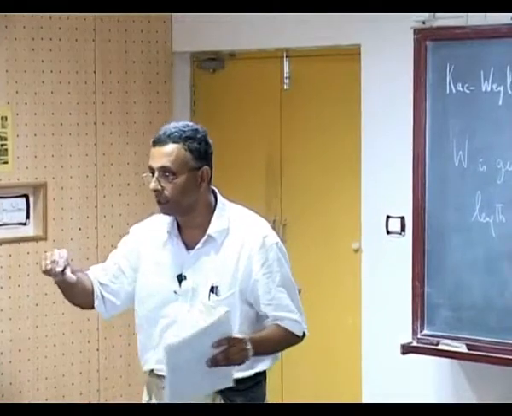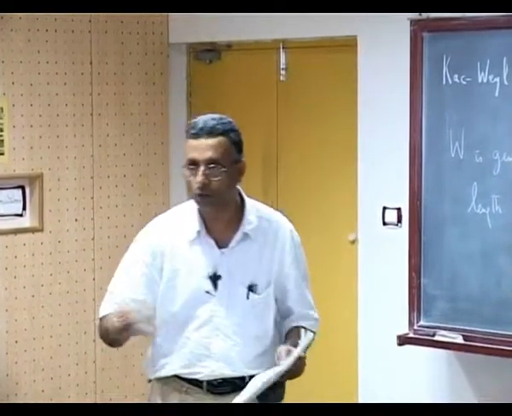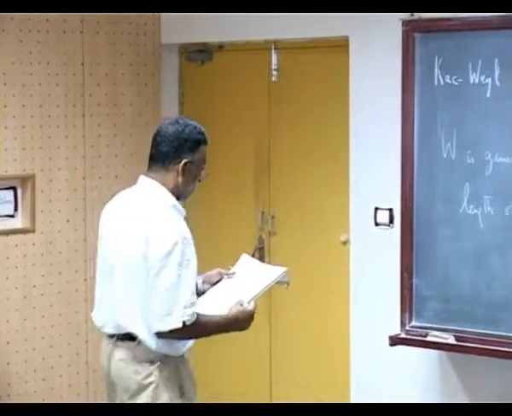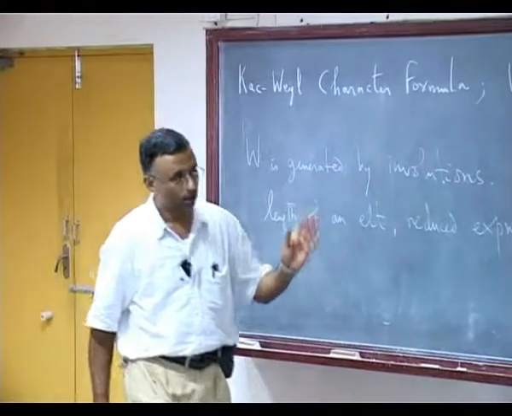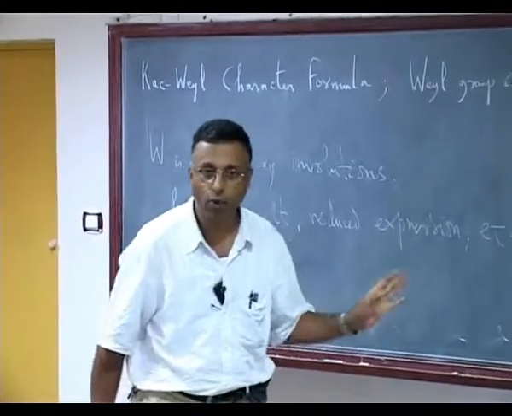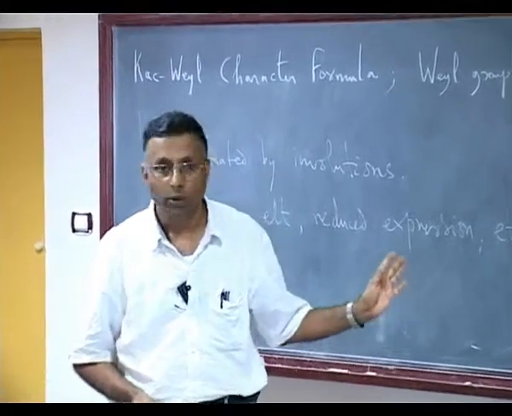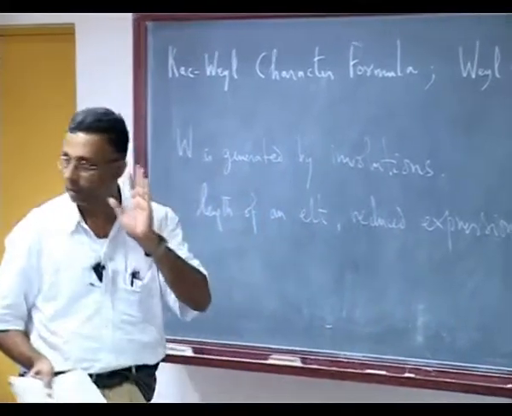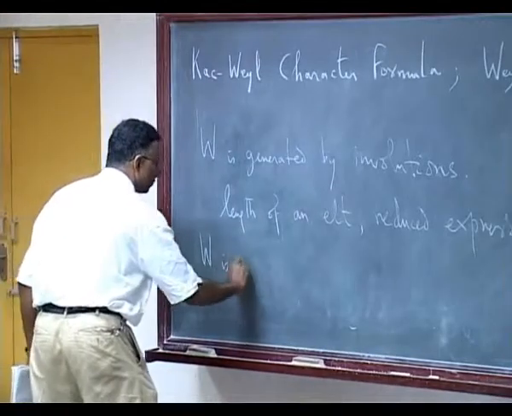The reduced expression would be any expression which attains that shortest length and so on. Like in the finite dimensional case, I don't know if this term was mentioned, Coxeter group. This W is a Coxeter group. I will say what it means in this particular case.